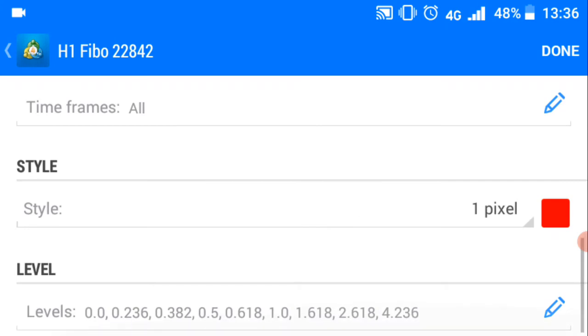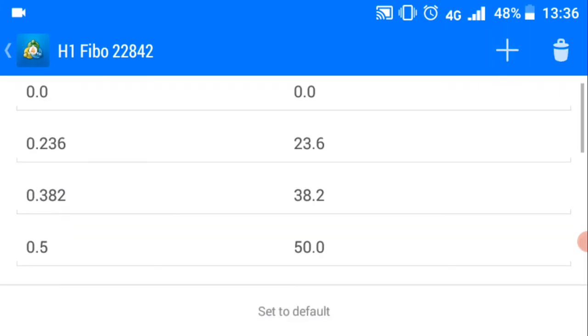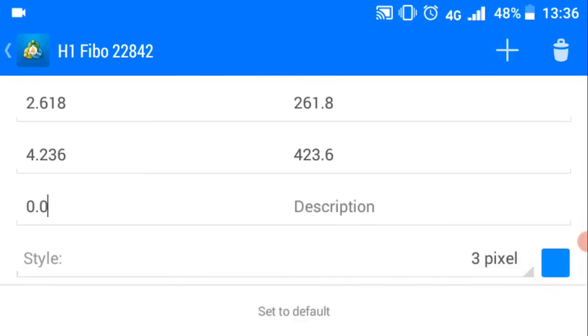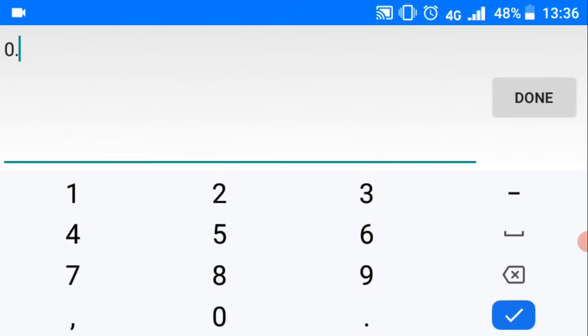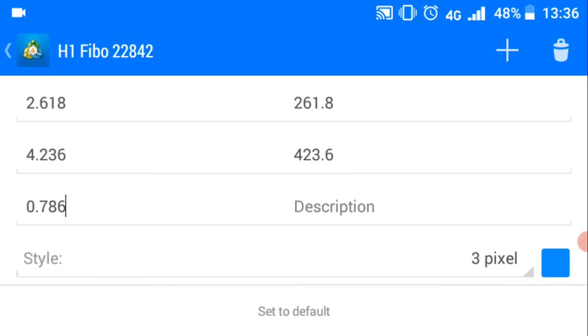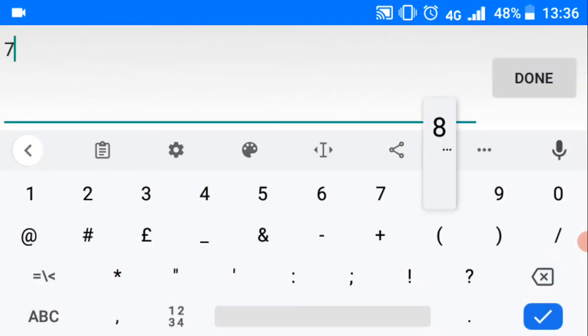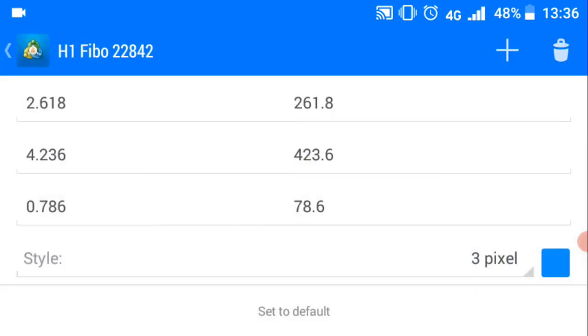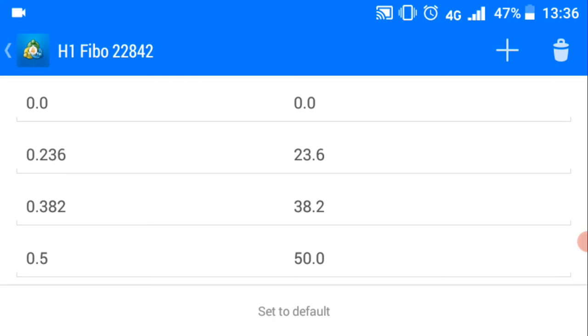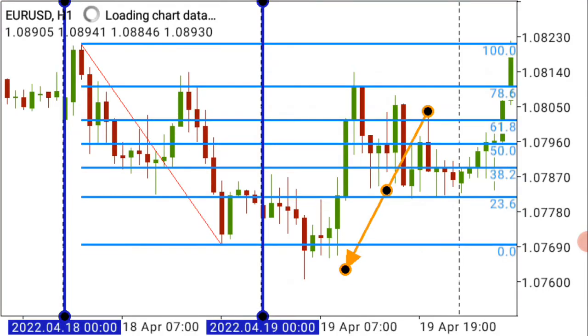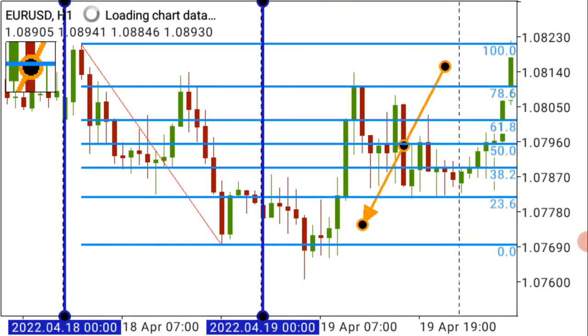You go to levels and then you add this number. It is also a Fibonacci number. It is 78.6, so you'll add it like this. Done. Yeah, there we go, guys, we have the 78.6.